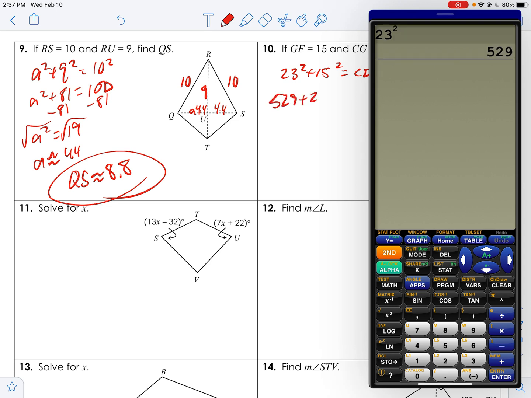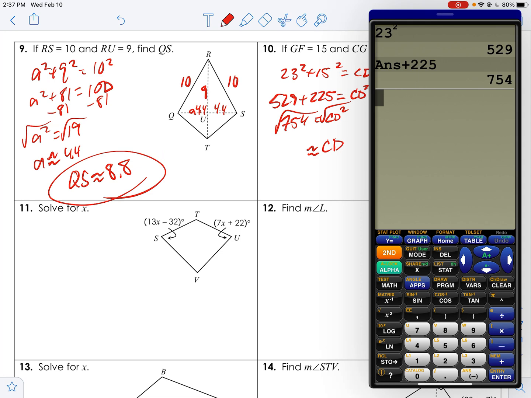So 23 squared, 529 plus 225 equals CD squared. 754, square root. So CD is approximately 755.